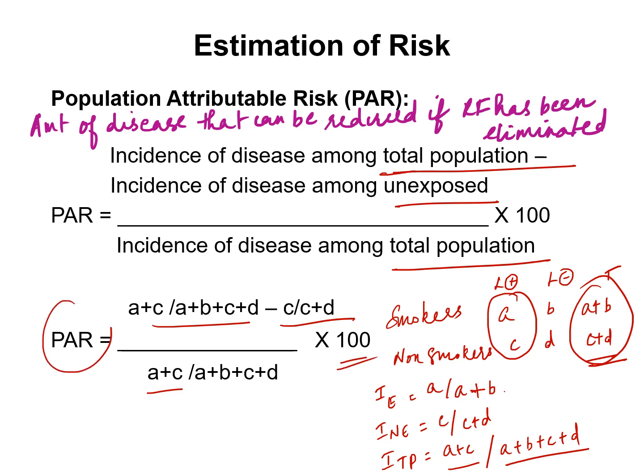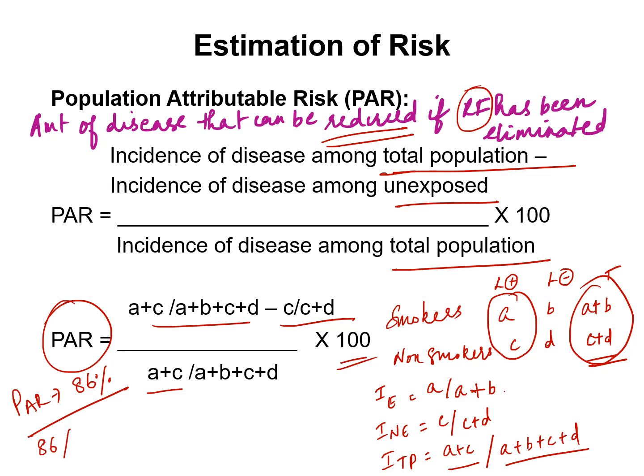Now what does this population attributable risk refer to? It refers to the amount of disease that can be reduced if the suspected risk factor has been eliminated in the population. Say for example, if population attributable risk is 86%, what does that mean?